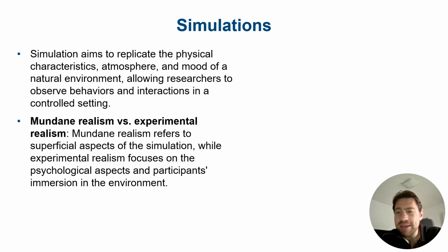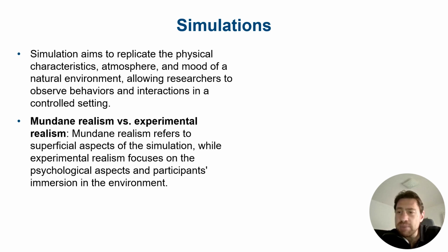So if you want to make your lab look like a hospital, if you change some superficial characteristics to make it look more like a hospital, that would be an example of mundane realism. Now, this may not work very well unless you do a really phenomenal job, which is hard to do. But if you don't do a good job, people may think that it's kind of cheesy and silly and probably won't really affect them.